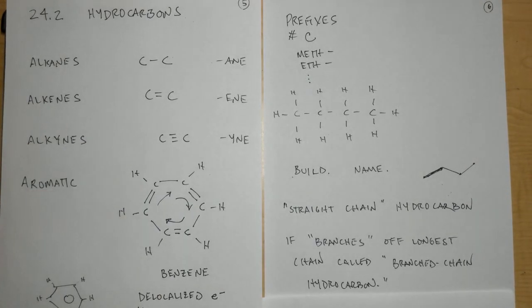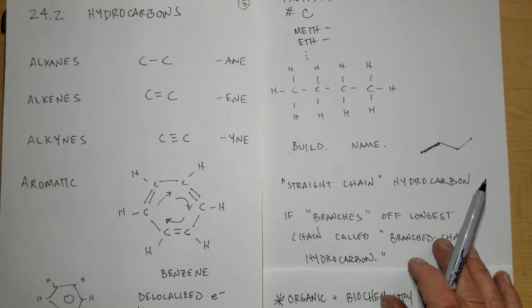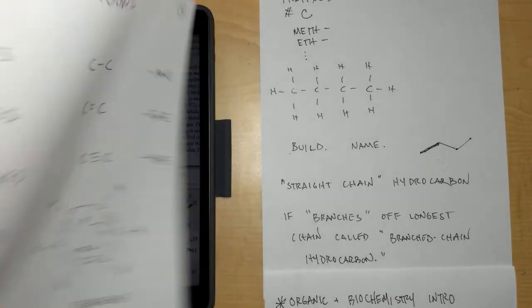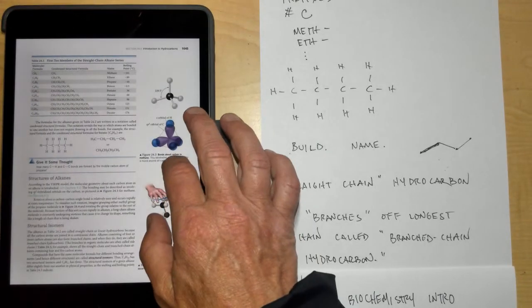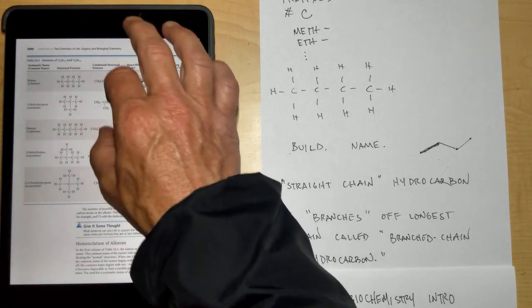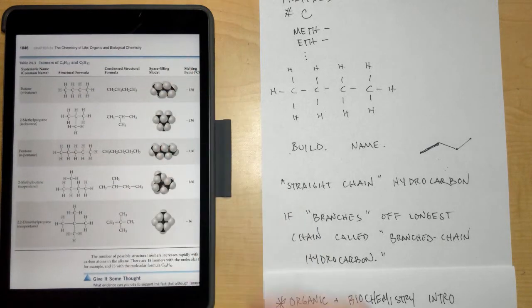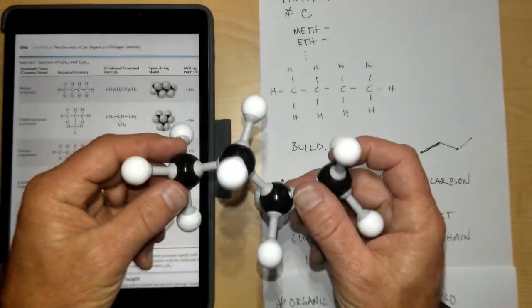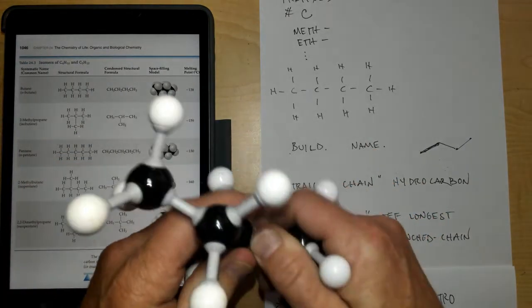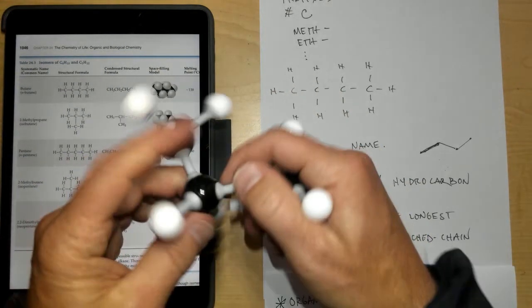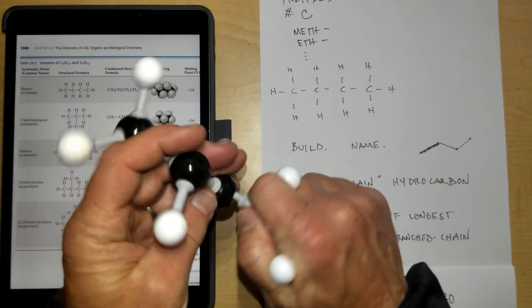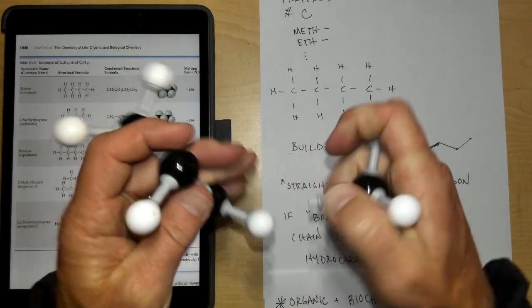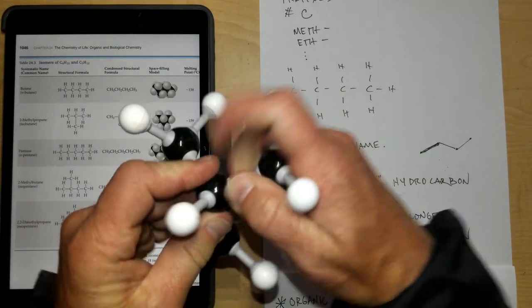Now, if there are branches off of a longest chain of carbon, then it's called a branched chain hydrocarbon. And branched chain hydrocarbons occur when you take a molecule like this, break the bonds, and then reconnect them, so the molecule still has 4 carbons, but they're not all in the same straight chain.